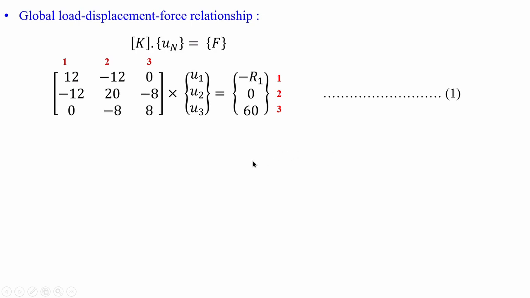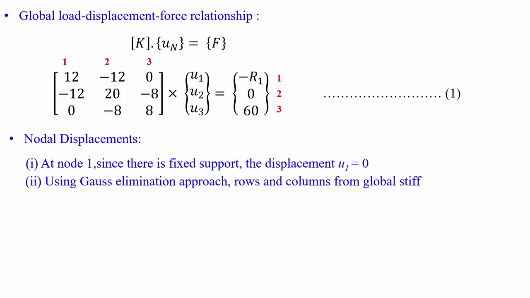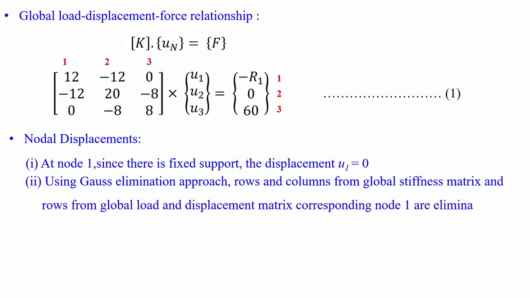Now let us estimate the nodal displacements. At node 1, since there is a fixed support, the displacement U1 is equal to 0. Using the Gauss elimination approach, the rows and columns from the global stiffness matrix, and the rows from the global load and displacement matrices corresponding to node 1, are eliminated.